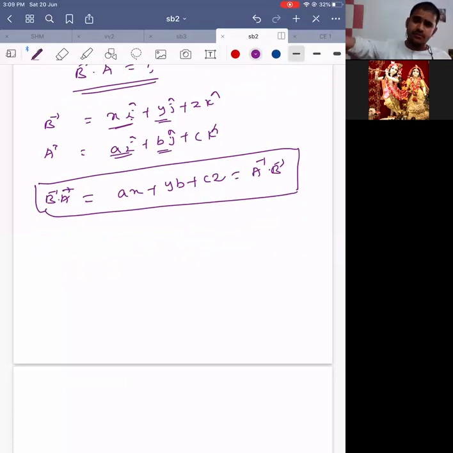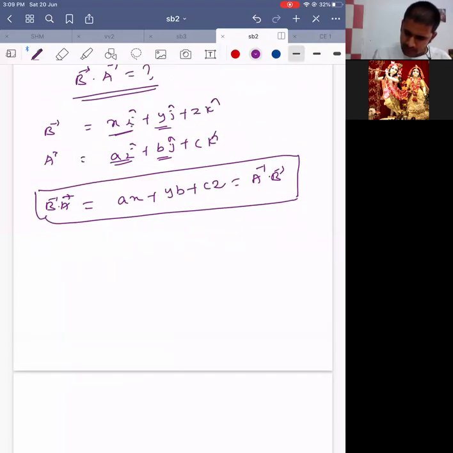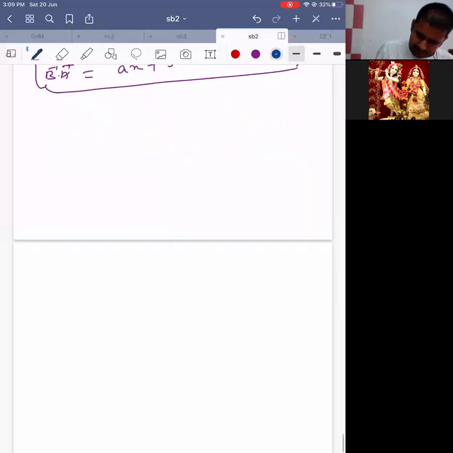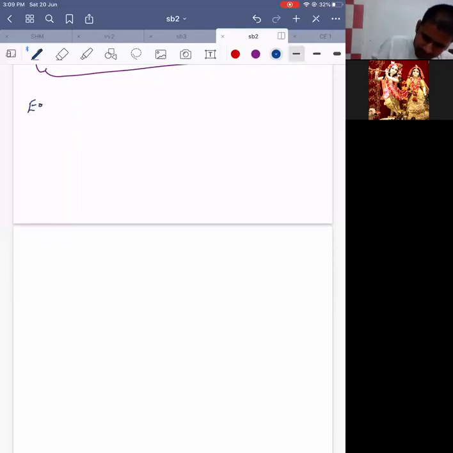Now, let's see further part. Some examples. The examples are: a bar is equal to 2i cap plus 3j cap, b bar is equal to 3i cap plus 4j cap.